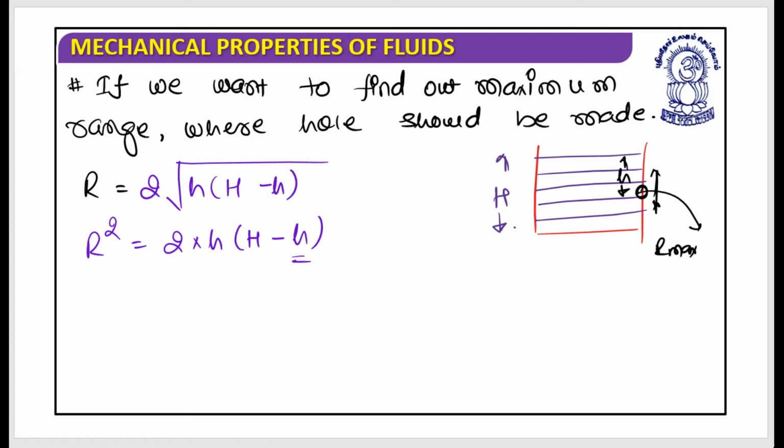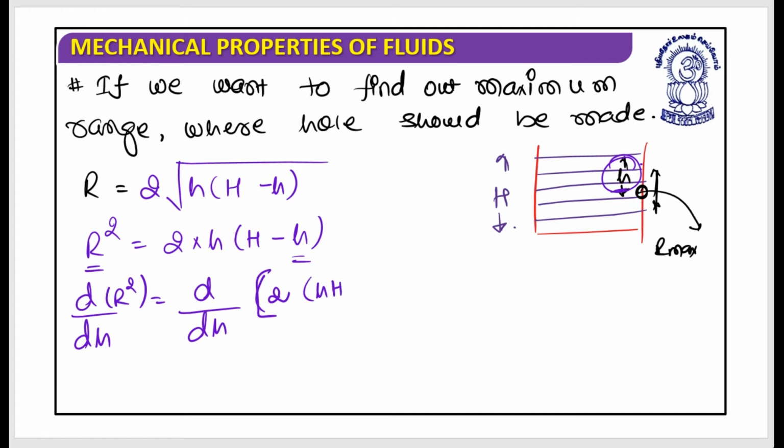Let's use the concept of minima and maxima: I want R square to be maximum with respect to h. So I need to take d by dh of R square, equal to d by dh of 4 into bracket hH minus h square, and that should be equal to 0.